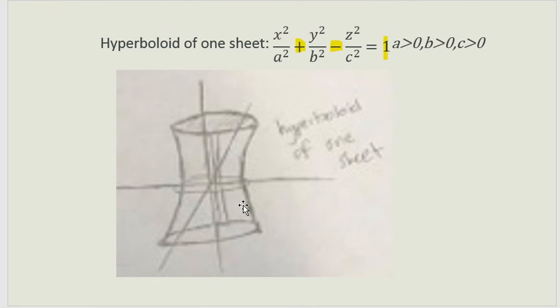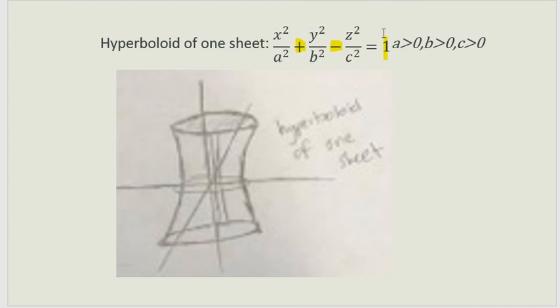Anyway, so we have x squared over a squared plus, just remember the important things are the things I highlighted. The variables could be in whatever order they want. Y squared over b squared minus z squared over c squared equals 1.